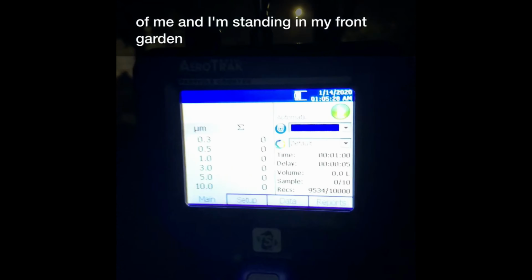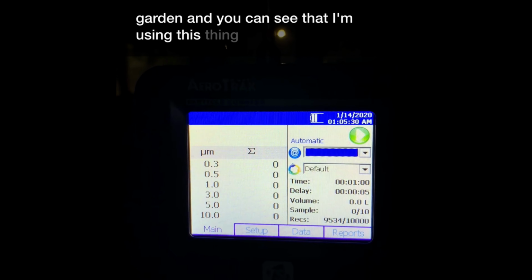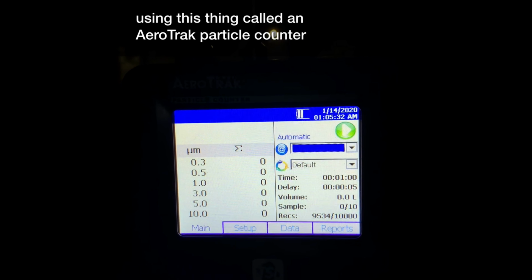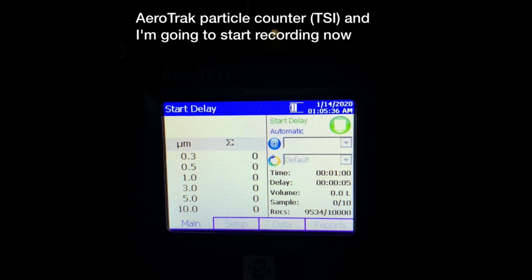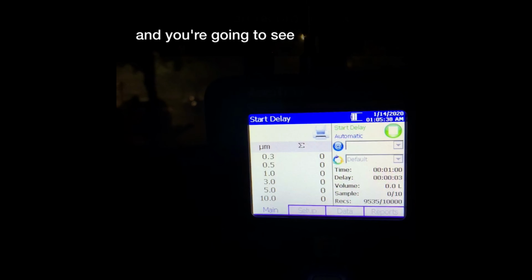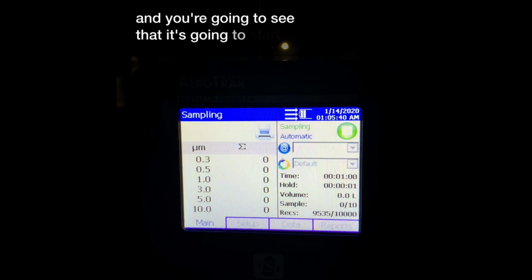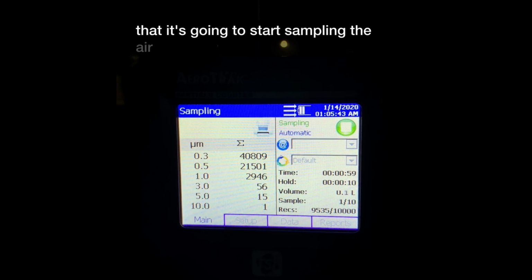So I've got a particle counter in front of me, and I'm standing in my front garden. You can see that I'm using this thing called an Aerotrack particle counter, and I'm going to start recording now, and you're going to see that it's going to start sampling the air.